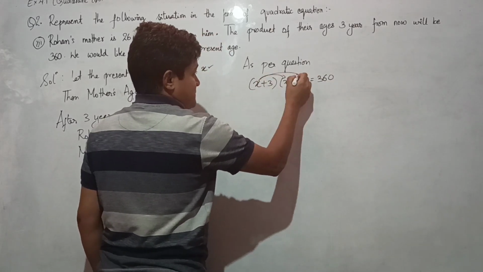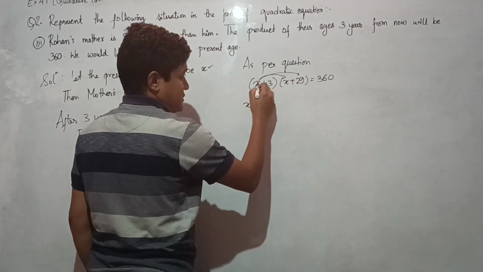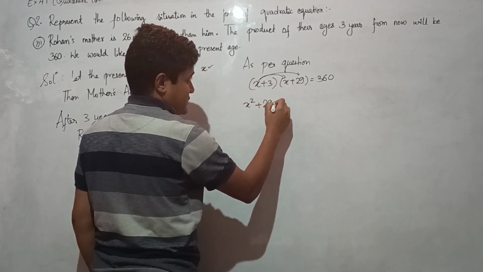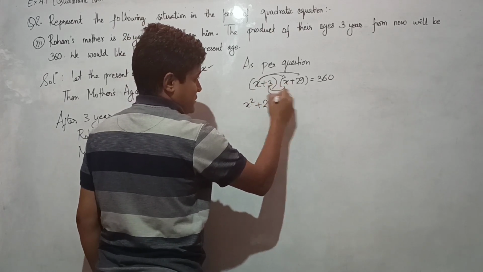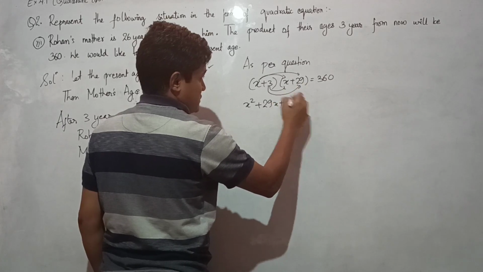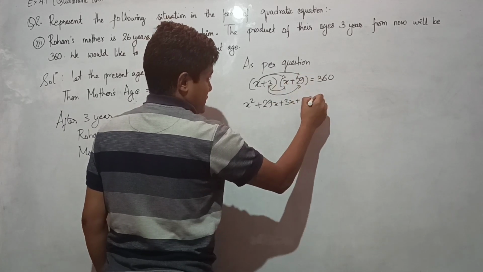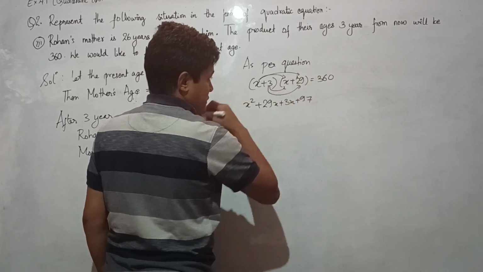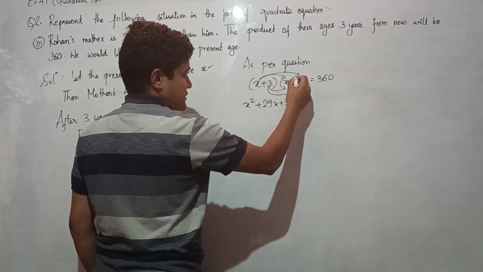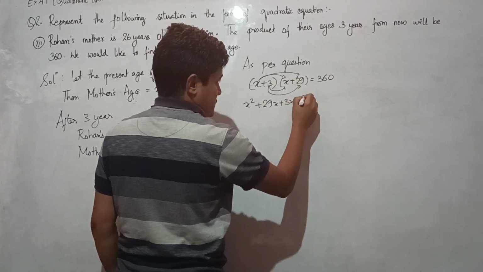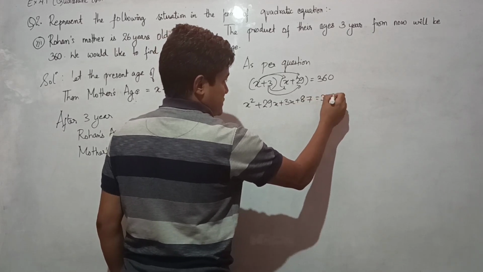Again multiplication: x square plus 29x plus 3x plus 87 equals 360.